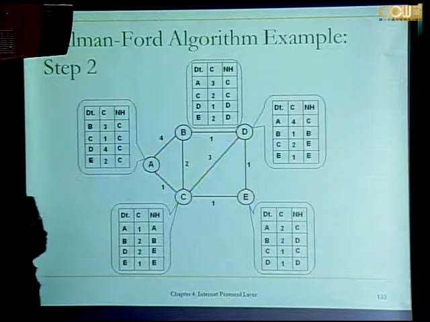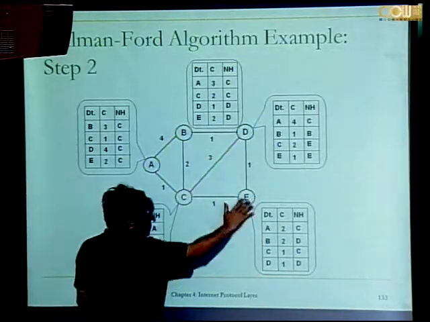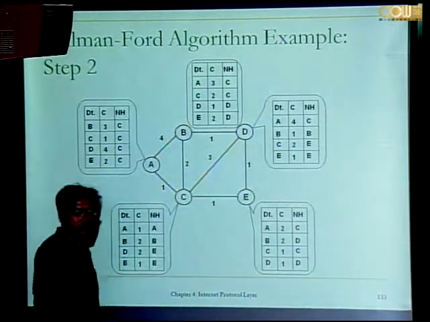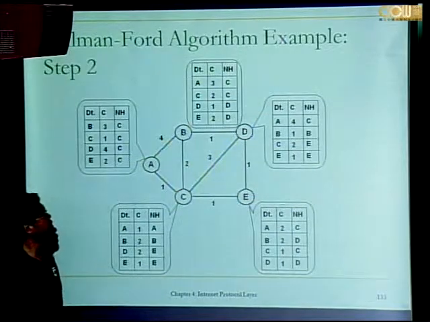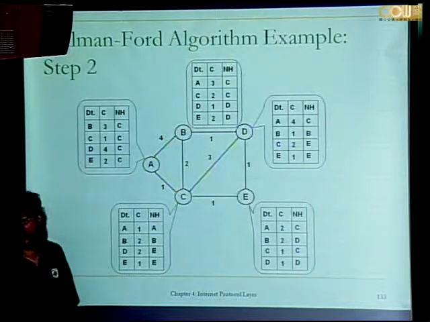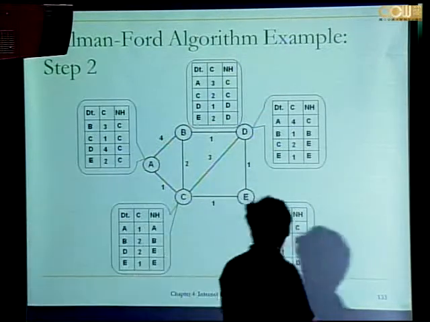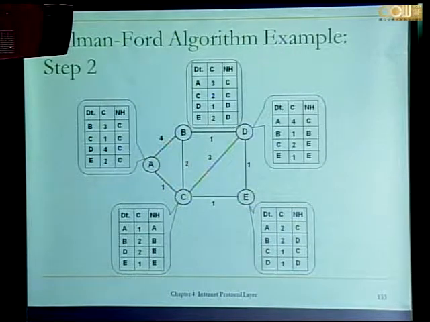To E, the same. C told me that I can reach E with the cost of 1, and I can reach C with the cost of 1, so the total cost will be 2. B does not tell me about E, because E is not a neighbor of B initially. So in the second iteration, I know E because of C.